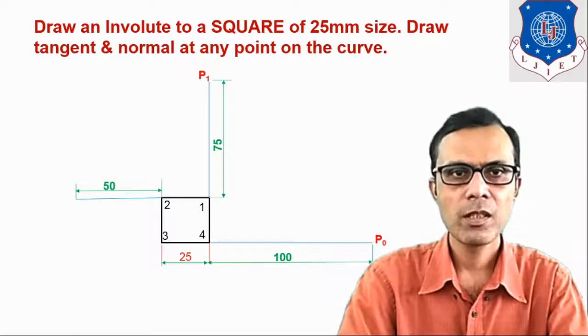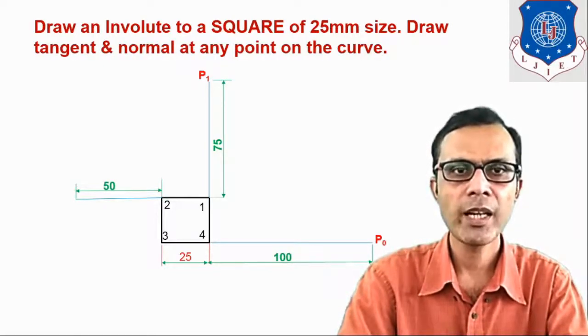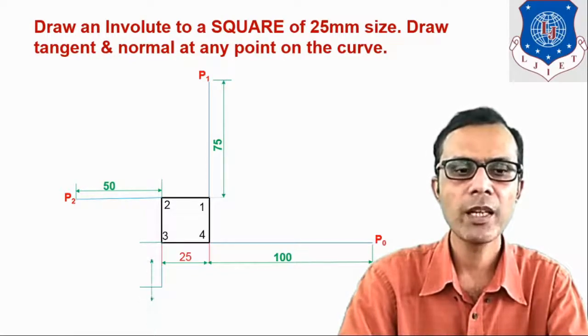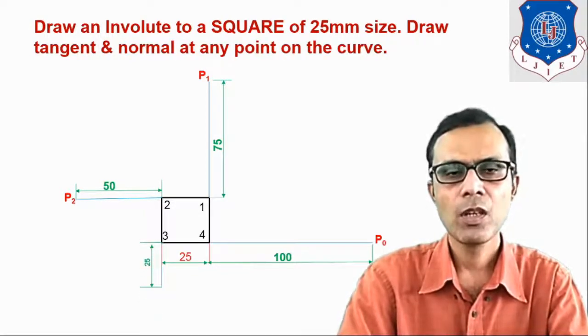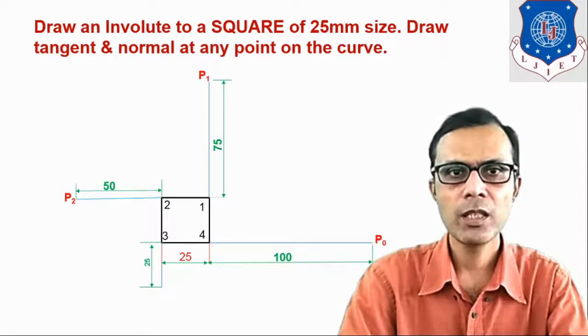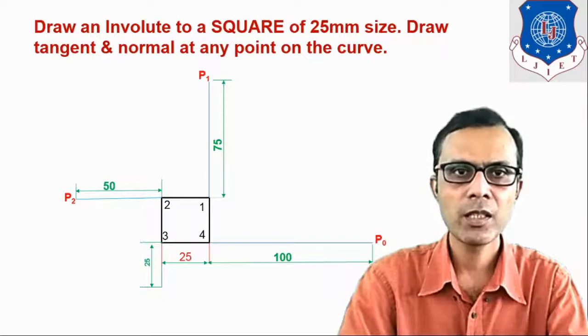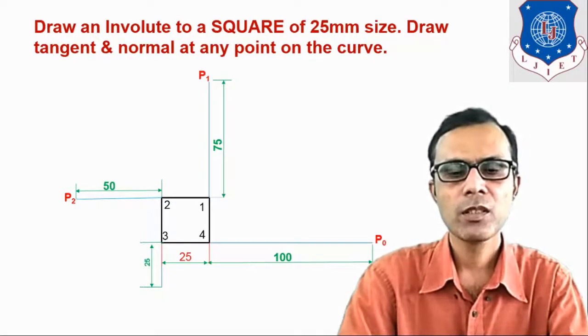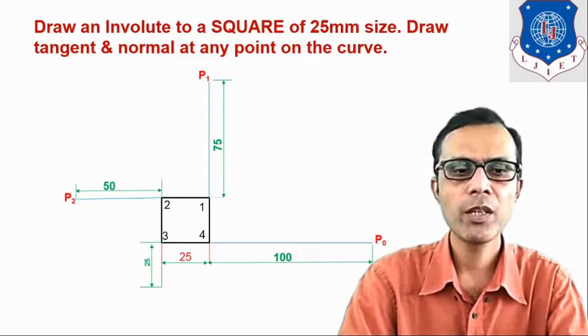Next, the string is wound on side 2-3, so the remaining length is 50 minus 25, that is 25 mm. Corner 4 is the point where the total length of the string is wound. So now we have the points P0, P1, P2, P3 and P4.